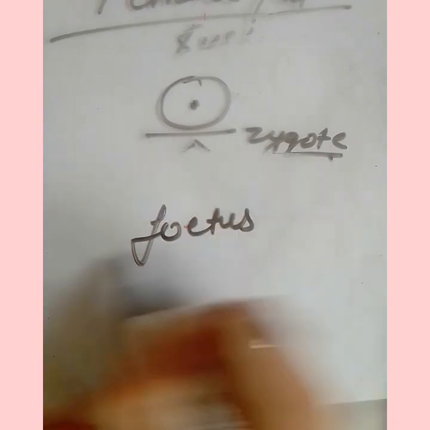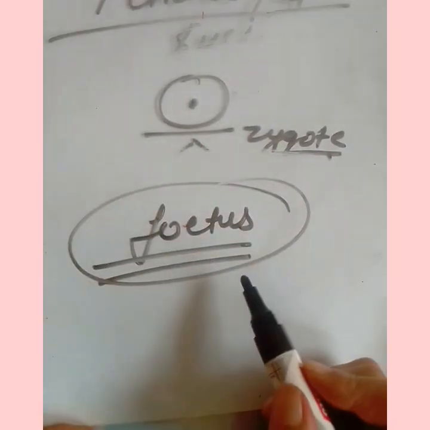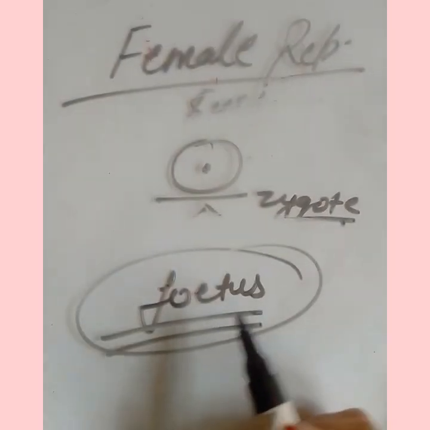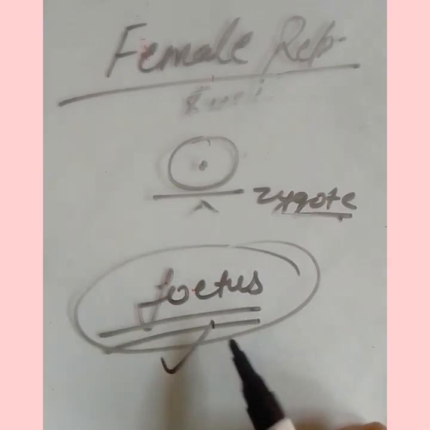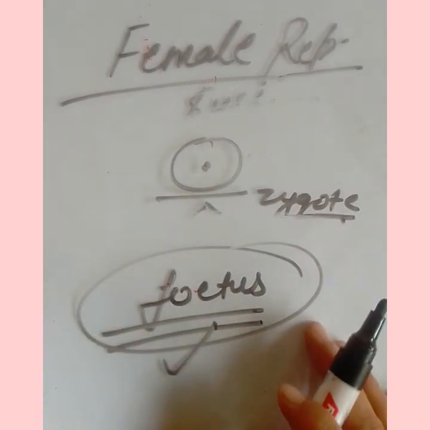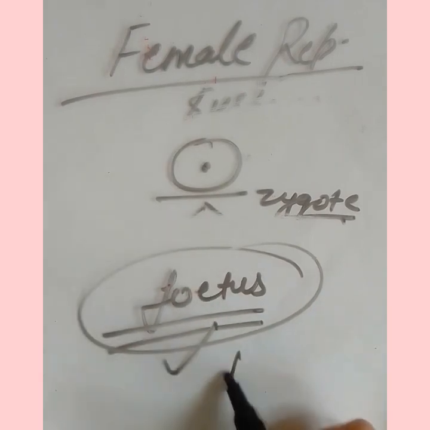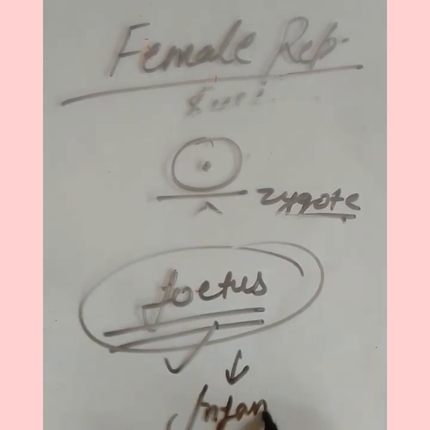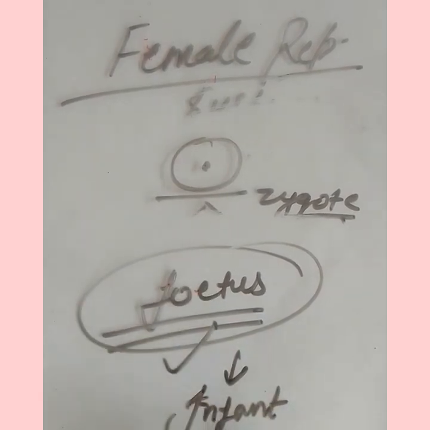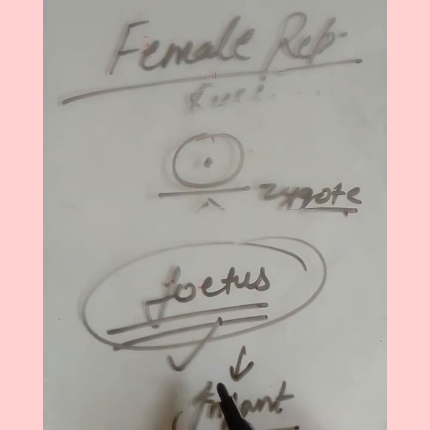All the parts can now be easily demarcated and seen. Then when it is born, we call it an infant. Next topic we will do in the next video.